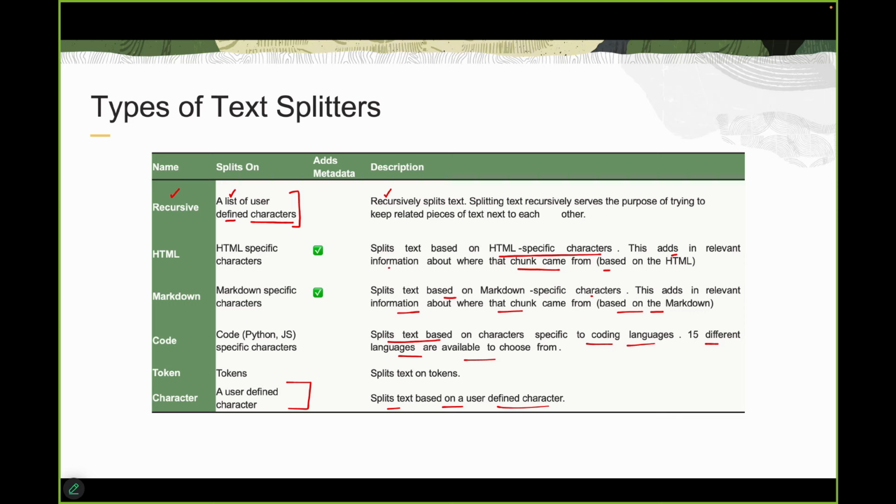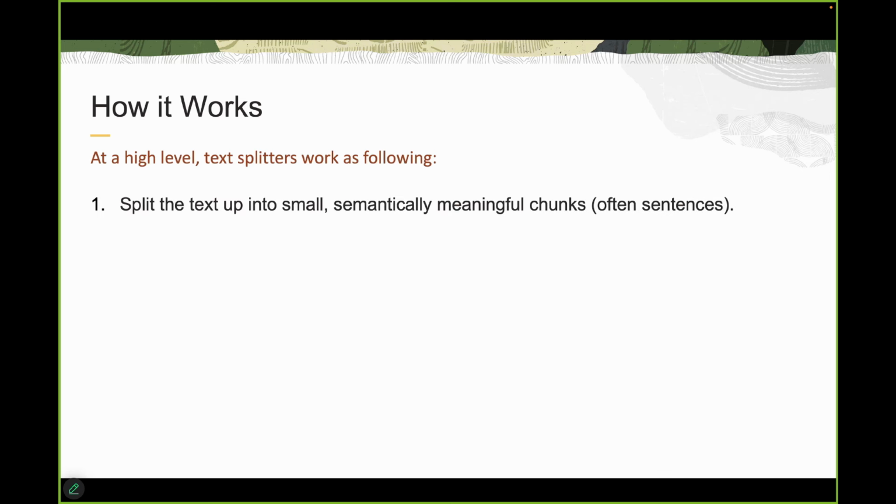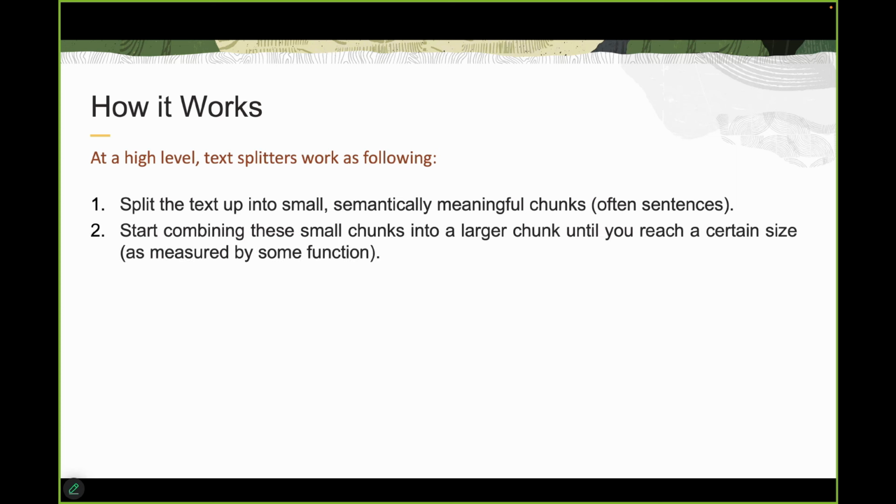How does it work? At a high level, the text splitter works as follows. Split the text into smaller, semantically meaningful chunks, often sentences. Start combining these small chunks into a larger chunk until you reach a certain size measured by some function.